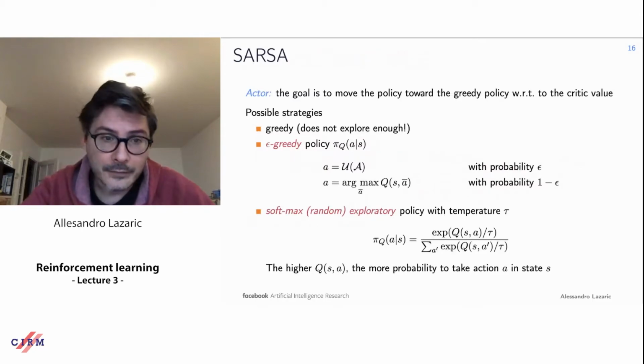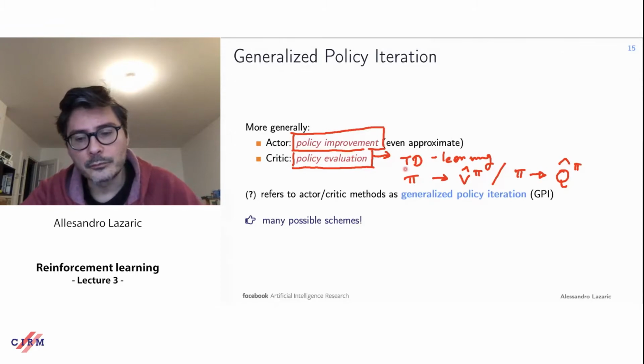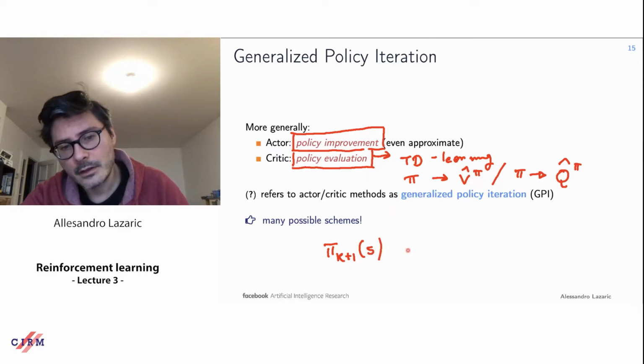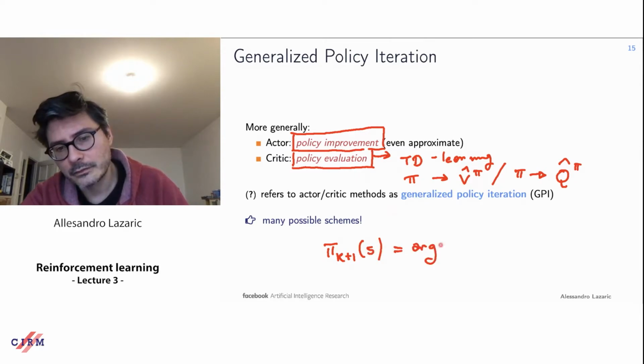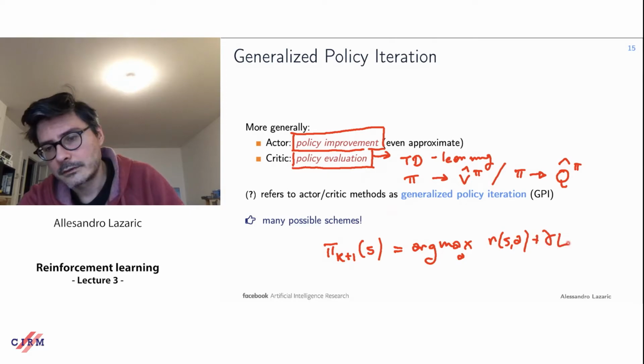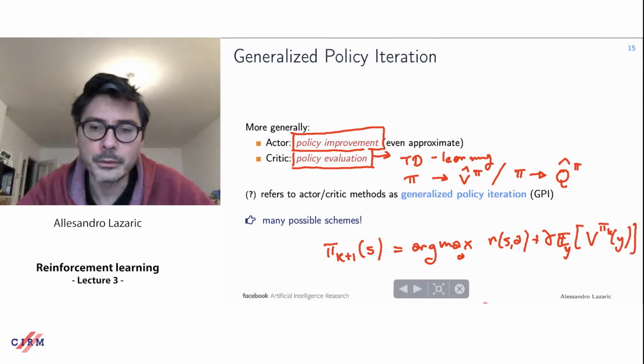Okay, then I have to do the policy improvement. And the policy improvement, if you remember from policy iteration, was working like this. In all states, we were supposed to take an action which would maximize the immediate reward plus gamma times the expected value of v pi k in y. This is what we've seen yesterday, right?